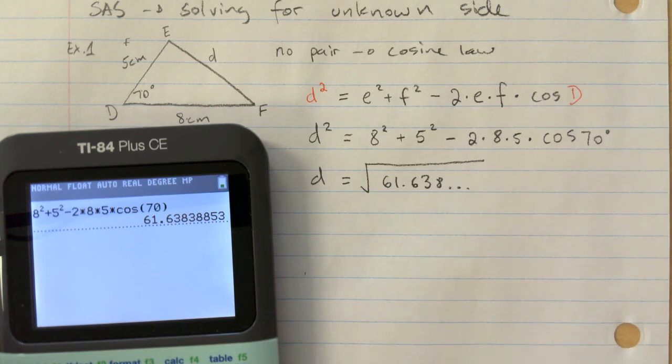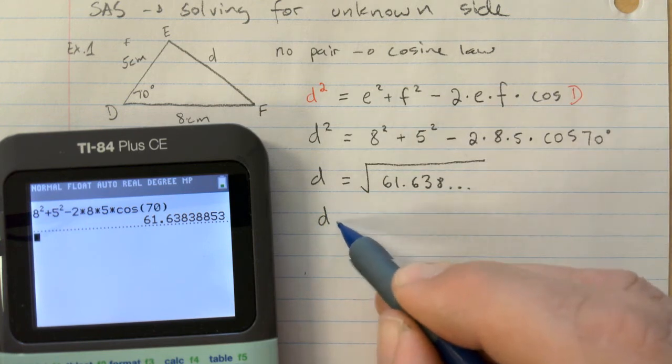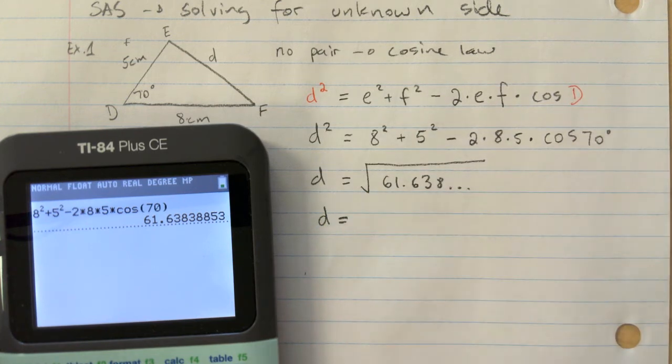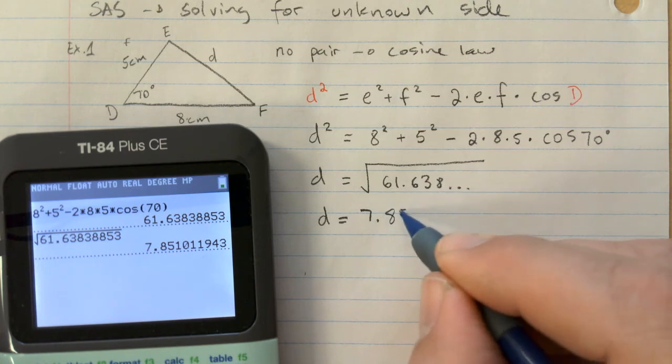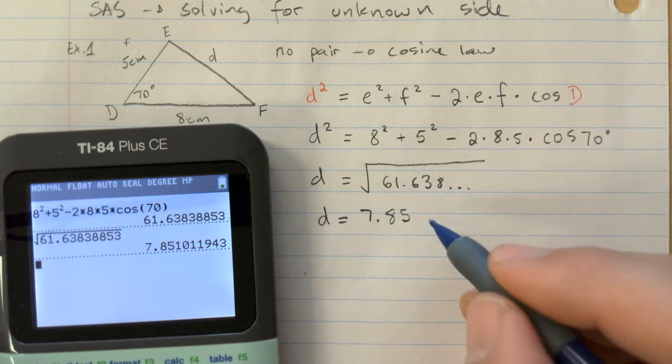We're going to use all the decimals. So D is equal to, so you go second and press x squared, and then you just go up and copy the previous line into it and hit enter. And you get 7.85. We are in centimeters.